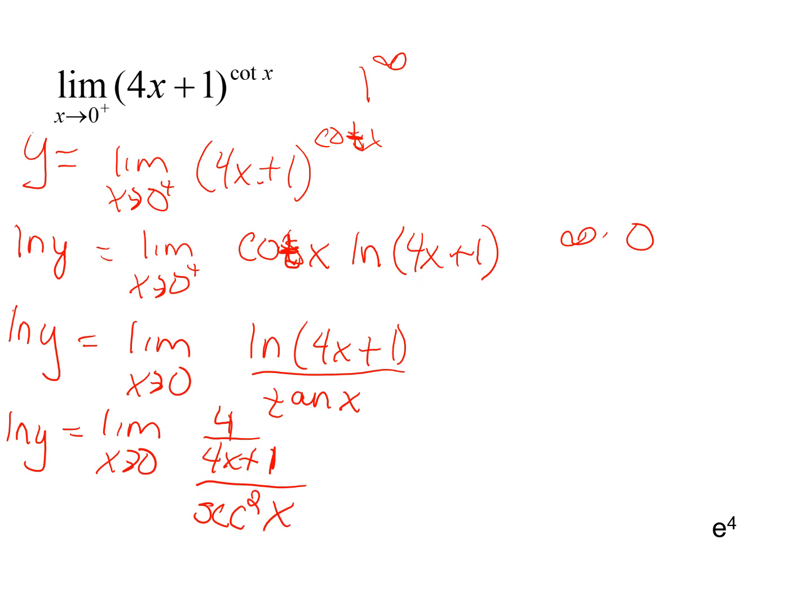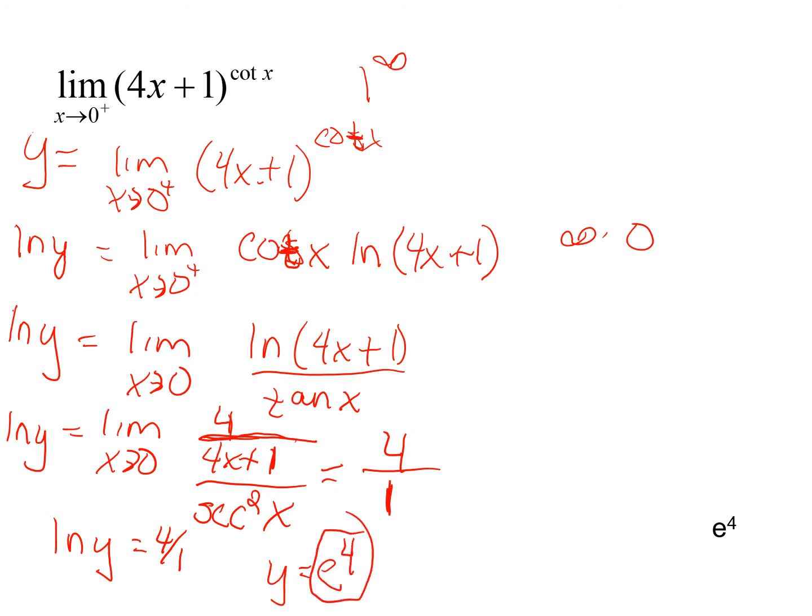Okay, now as I approach 0, I get 4 over 1. Is that my answer? No, that's the natural log of y is equal to 4 over 1. So y is equal to e to the 4th. And this is my answer.